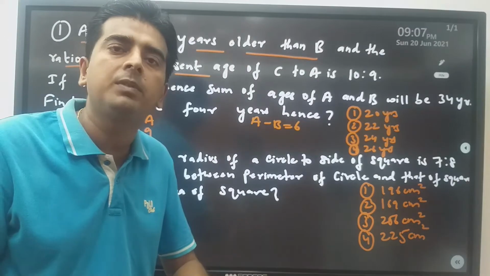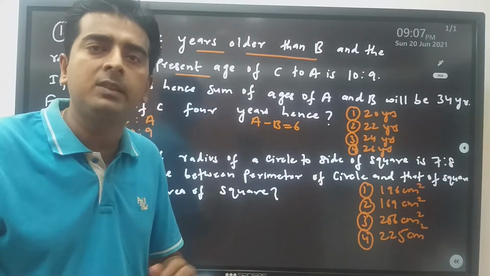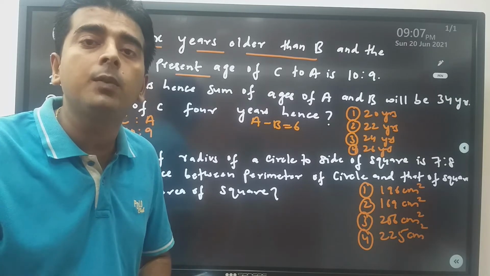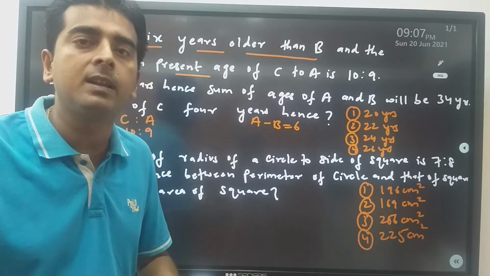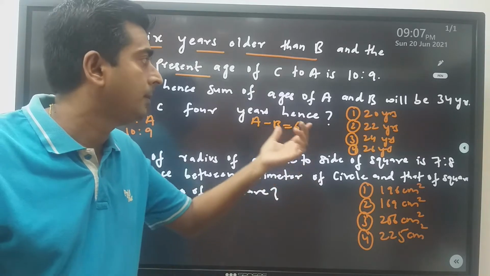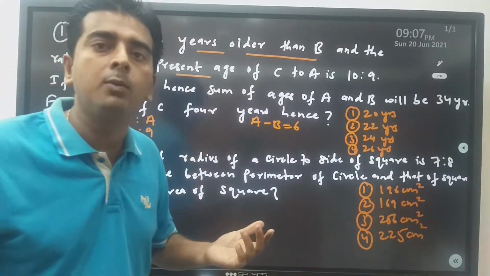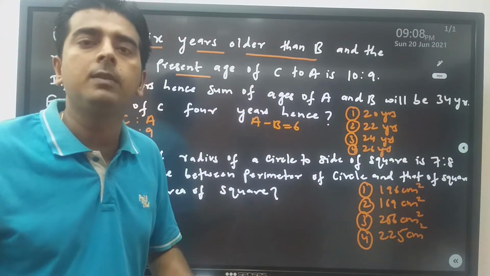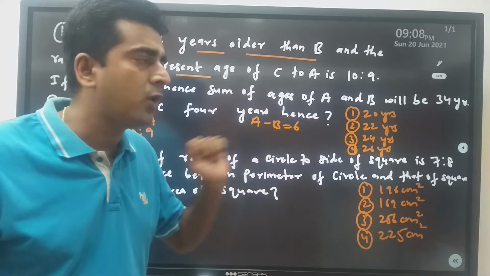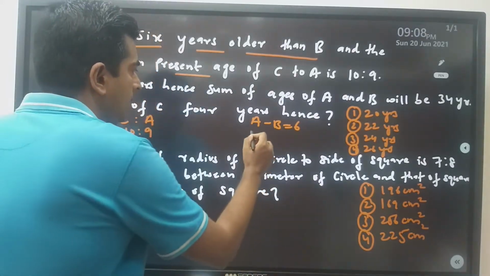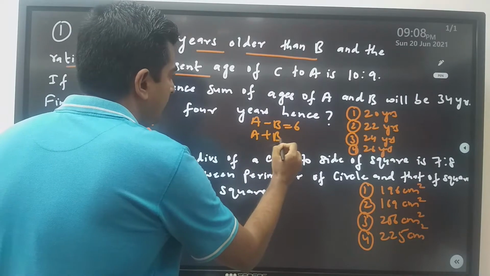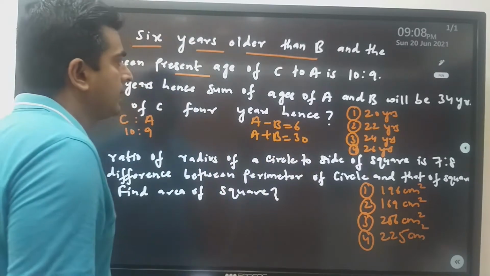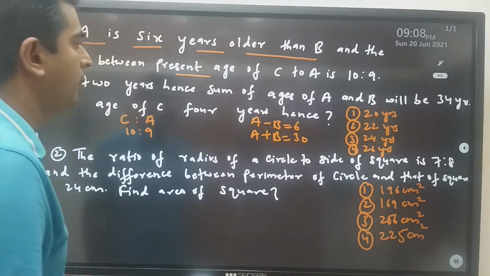What is the age of A and B together? That means we have to subtract 2 years from A and 2 years from B. So 34 minus 4 is how much? 30. So A plus B is 30.